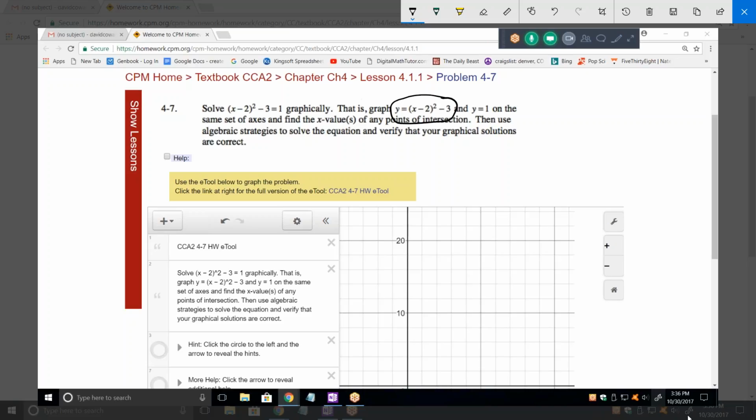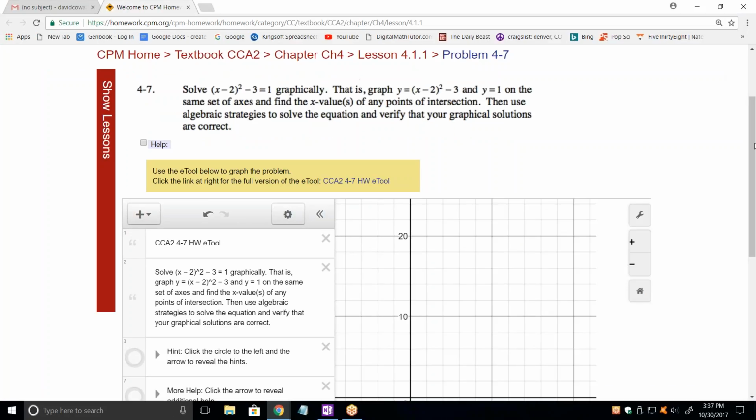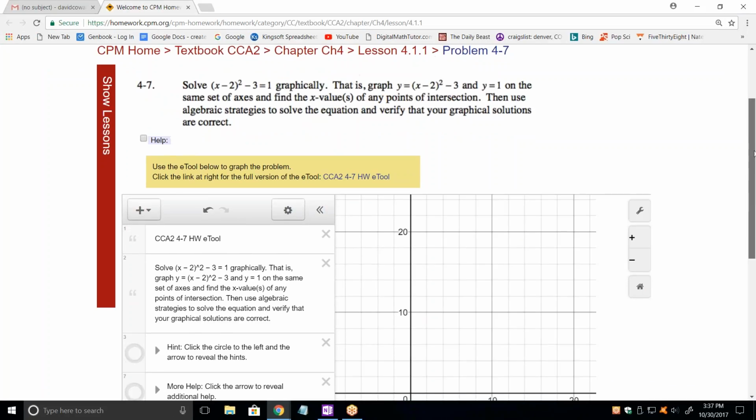It's called a parabola. But you're right, this parabola is in vertex format. So where is the vertex? Will it be at the -2?